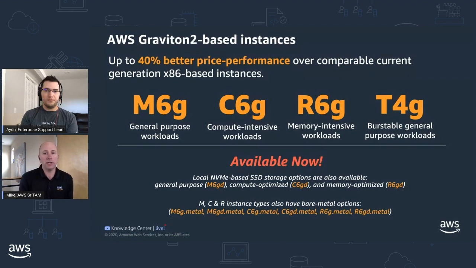The M6g is well suited for general purpose workloads like the rest of the M series instances. We also offer the C6g for compute intensive and the R6g for memory intensive workloads. These instance types are available now. They include local NVMe based SSD storage options, and every instance type also has a bare metal type that can be chosen.